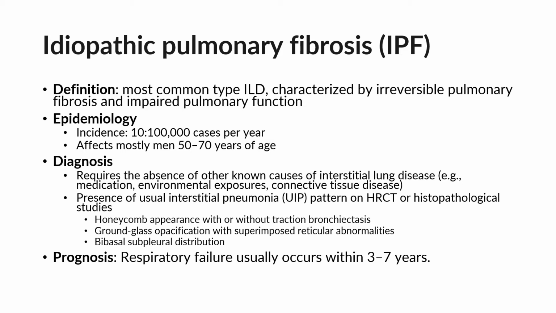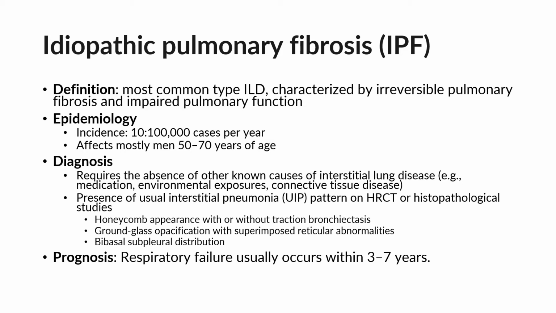Incidence is 10 per 100,000 cases per year. Affects mostly men from 50 till 70 years of age. Requires the absence of other known causes of interstitial lung diseases, for example, medication, environmental exposures, connective tissue disease. Presence of usual interstitial pneumonia, UIP pattern on high-resolution CT scan or histopathological studies.